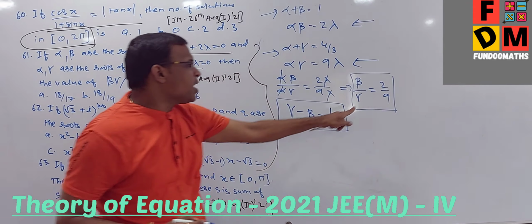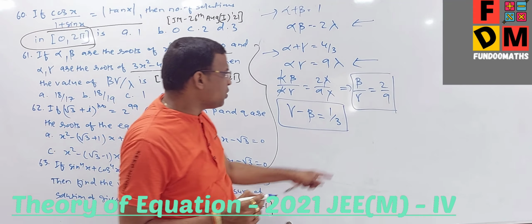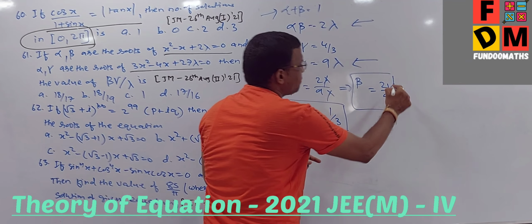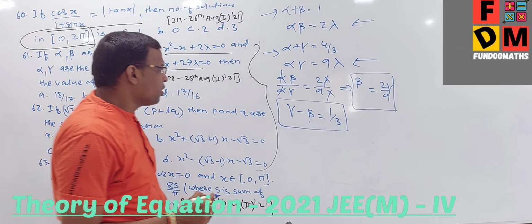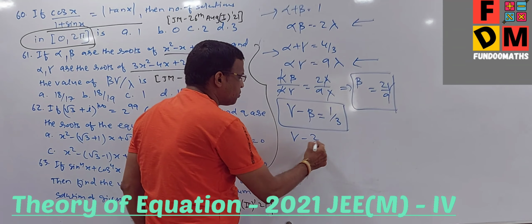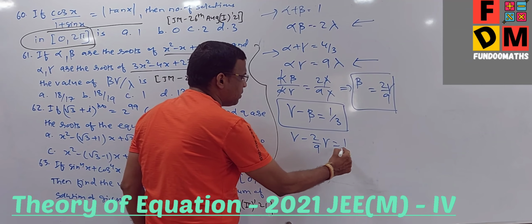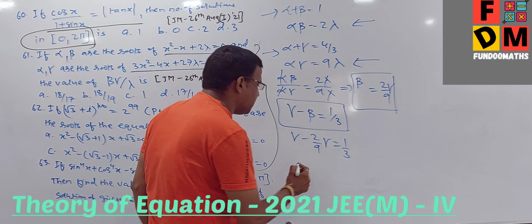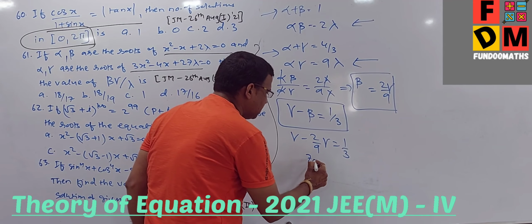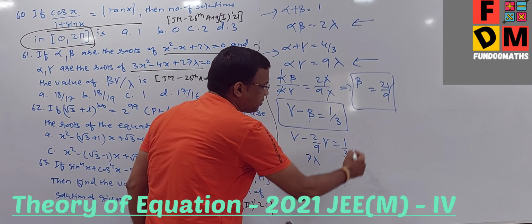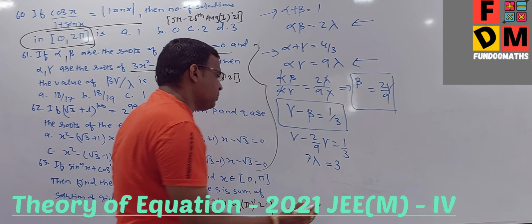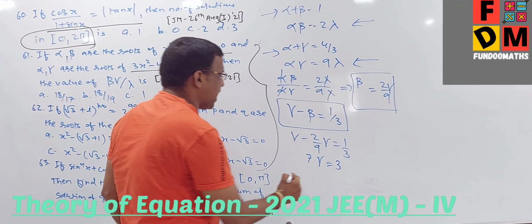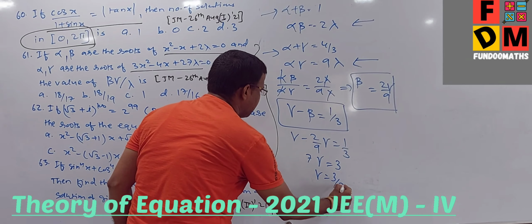Now I can replace beta with 2 by 9 gamma. So gamma minus 2 by 9 gamma is equal to 1 by 3. That gives me 9 gamma minus 2 gamma, 7 gamma by 9, is equal to 1 by 3. So 7 gamma is equal to 3, or gamma is equal to 3 by 7.